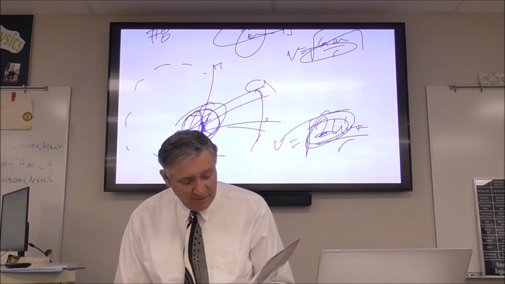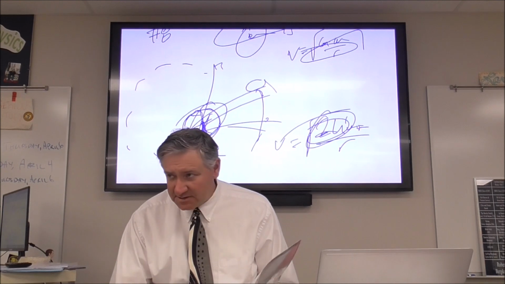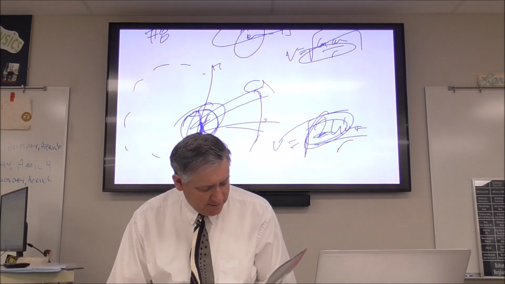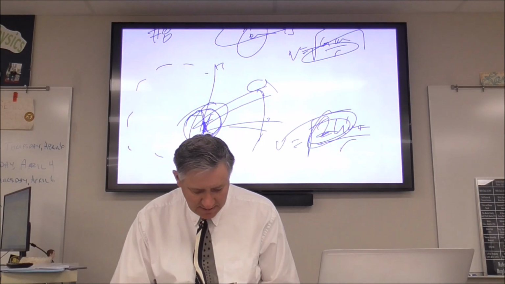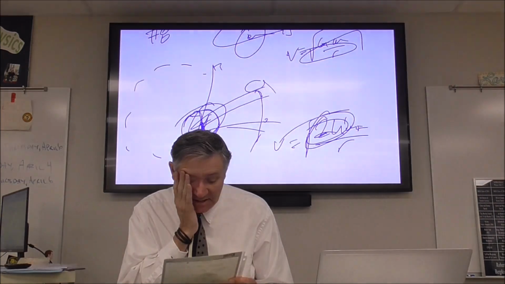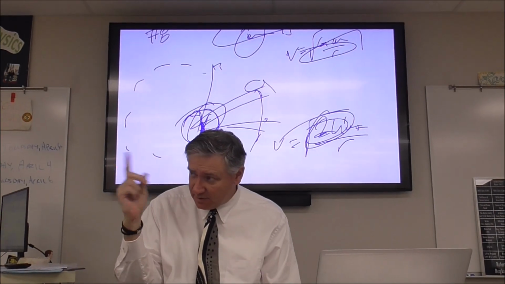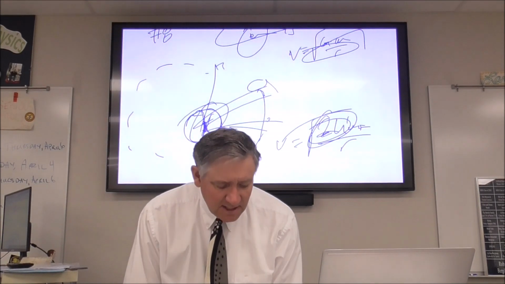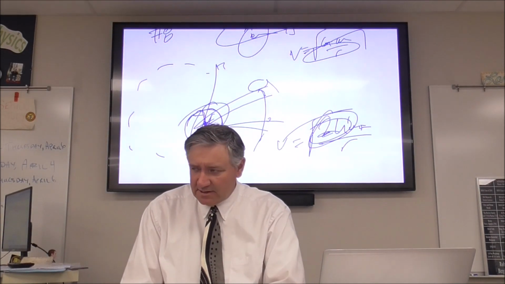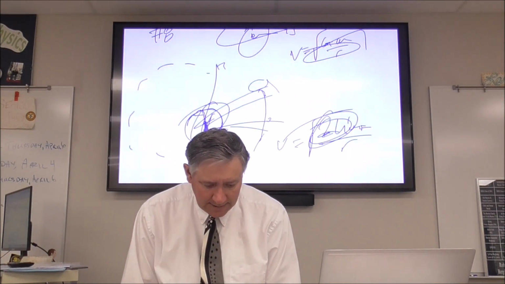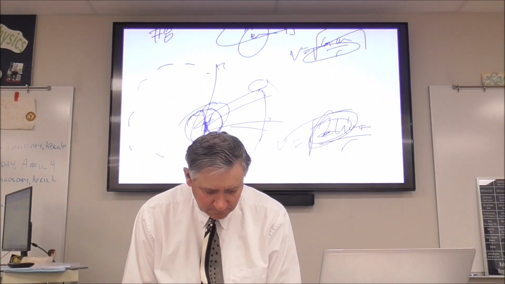On 14, that answer should be something times 10 to the 5th. Your answer to 6C, which has to do with an electron orbiting around a proton, should be something times 10 to the 12th kilograms.